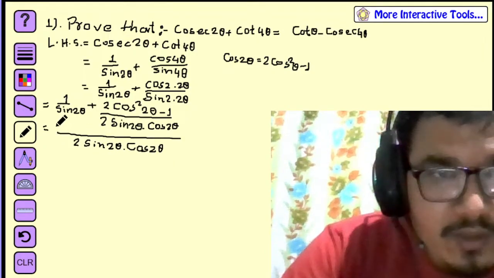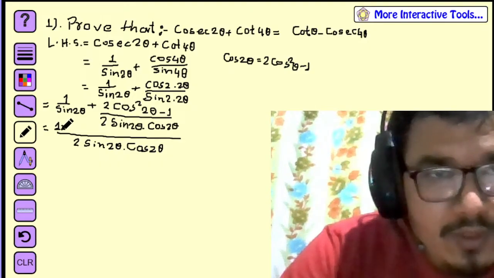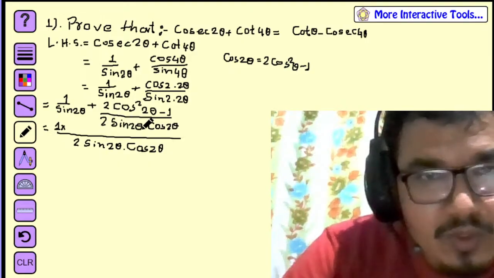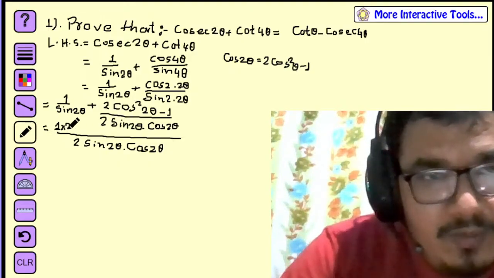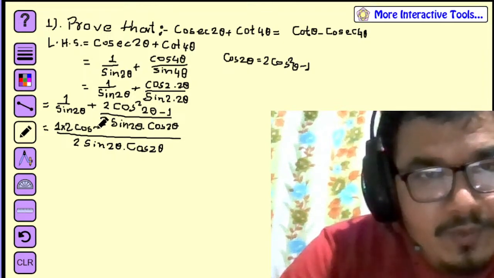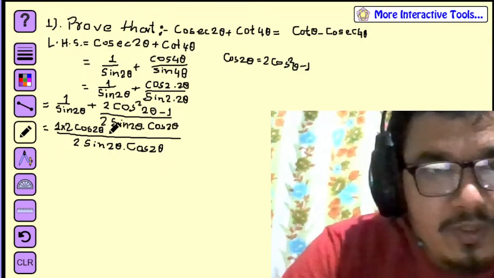Now what is extra in the first denominator? This 2 cos 2 theta, so 1 will be multiplied with 2 cos 2 theta.